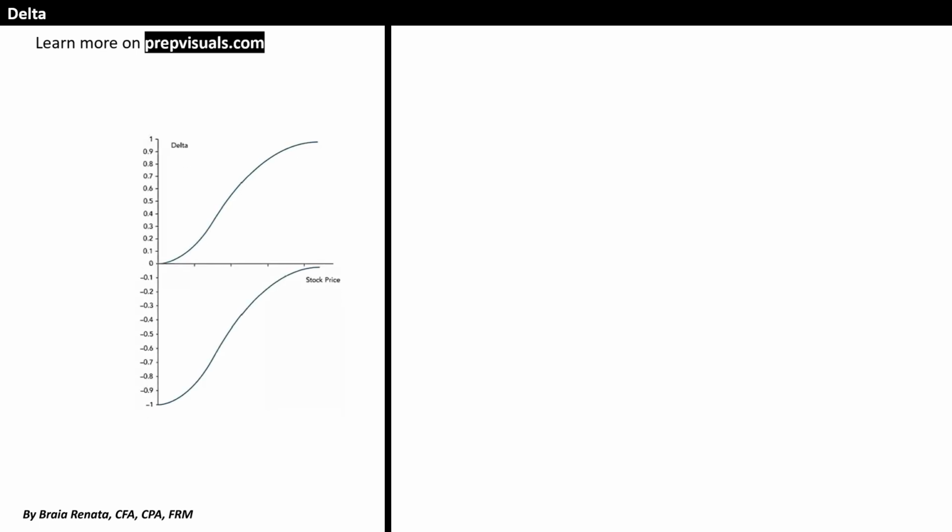So in the curriculum you will see two graphs placed side by side, but over here I've arranged them one above the other, and the upper graph shows the delta of a call option, while the lower one shows the delta of a put option. Notice that the delta of the call option is positive, while the delta of the put option is negative.